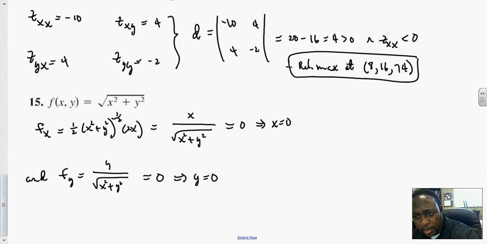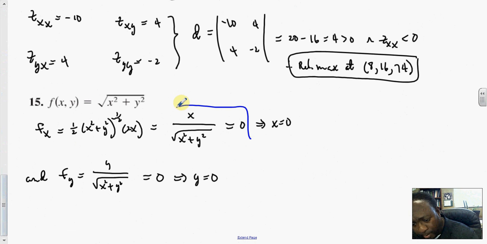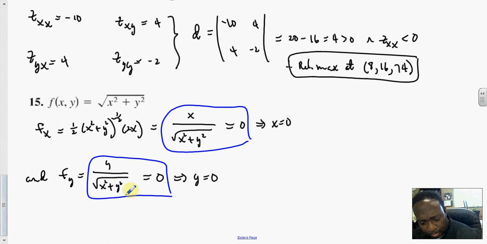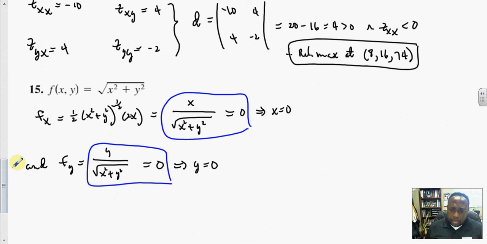If you take this part and multiply it by the denominator of the square root, you get x equal to 0. Take this equation and multiply it by the denominator, you get y equal to 0. So you have x equals 0, y equals 0.